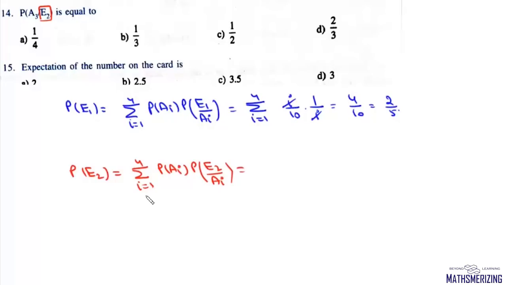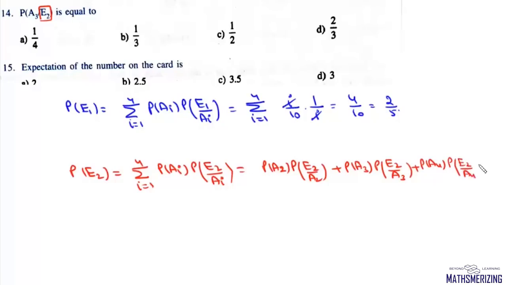Now in the first box there is only one card and which is 1, so we cannot get anything from this first box. So this first probability will be 0. So now we are left with this probability, that probability of A2, probability of E2 upon A2, probability of A3, probability of E2 upon A3 and probability of A4, probability of E2 upon A4.